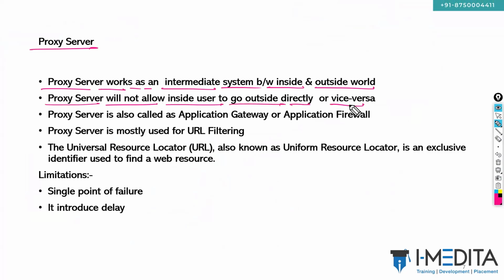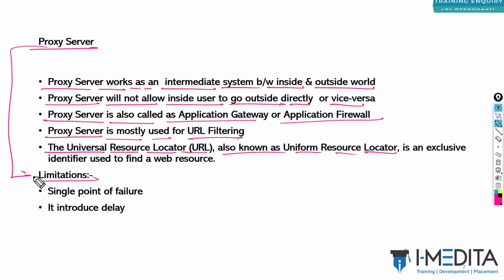Neither will your request go directly out, nor will the reply come directly from out to in. A proxy server is also called an application gateway, or some people also call it an application firewall. A proxy server is mostly used for URL filtering. URL stands for Universal Resource Locator or Uniform Resource Locator.